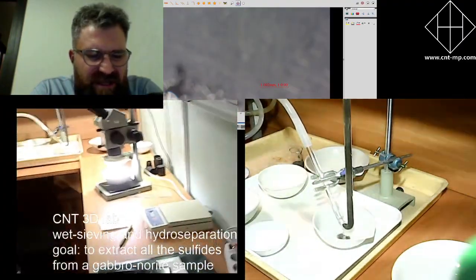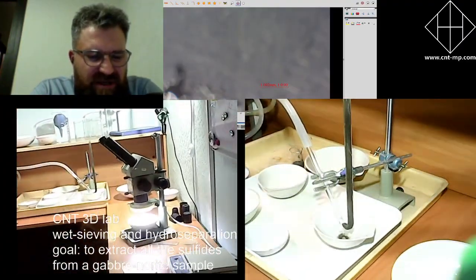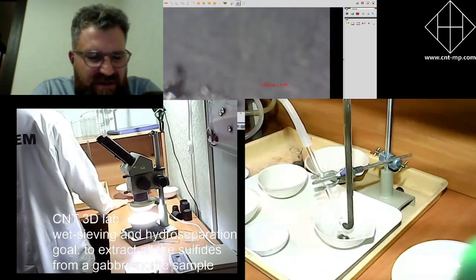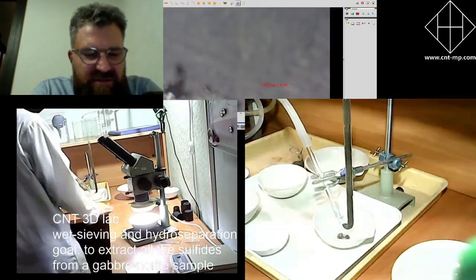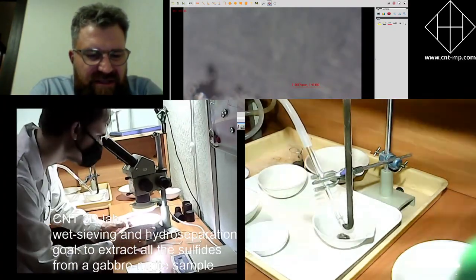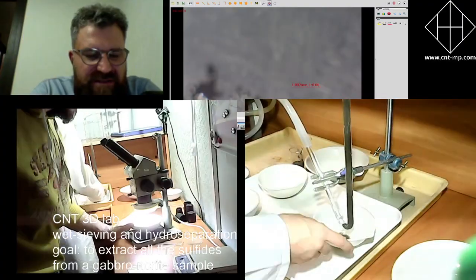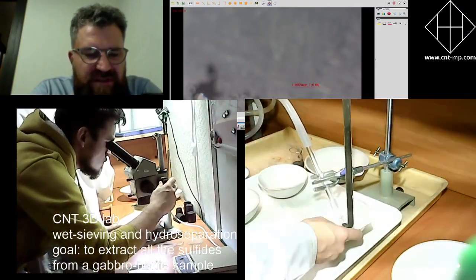Eva is asking, can we put the final product into XRF and see the elements in order to have an idea what to expect? Yes, you can. And definitely we do the following. We have the tailings of each fraction after hydroseparation.